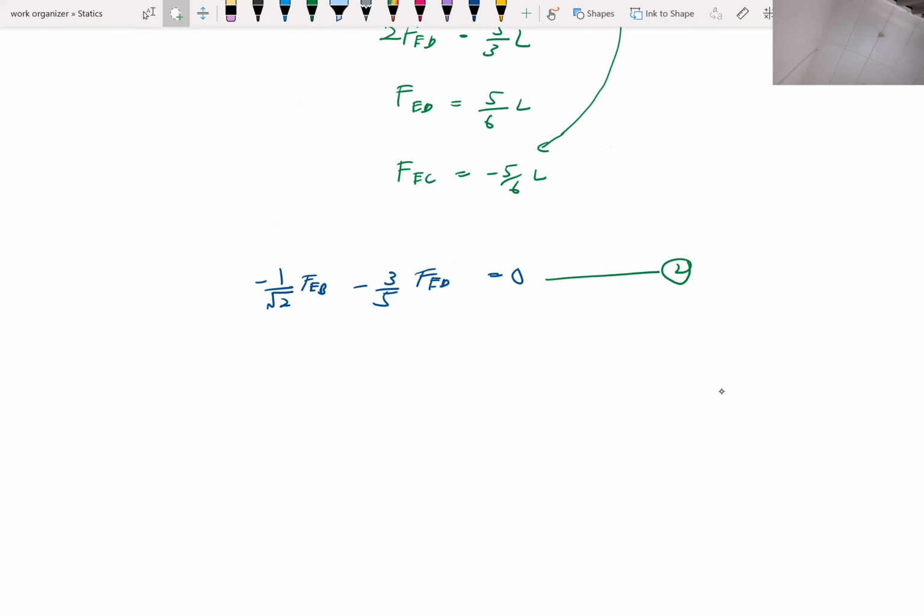So negative 1 over square root 2 FEB minus 3 over 5 FED, which is 5 over 6 L. So we cancel 1 and 2. So negative 1 over square root 2 FEB minus 1 over 2 L equal to 0.